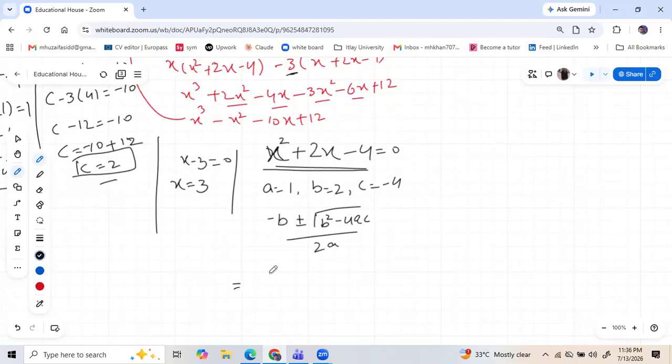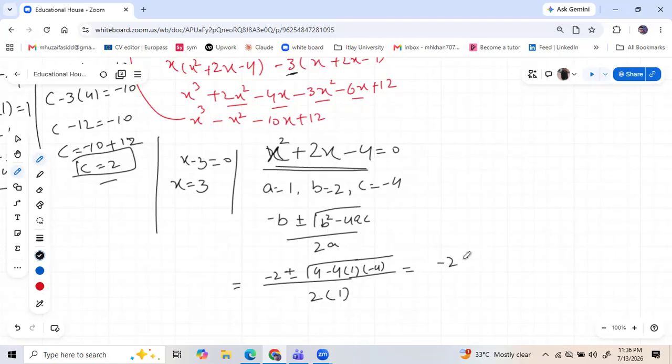So x is equal to what? This is minus 2 plus minus. Look at it here. B square, this is 4 minus 4AC, so into 1 into minus 4, divided by 2A. So you can solve it.